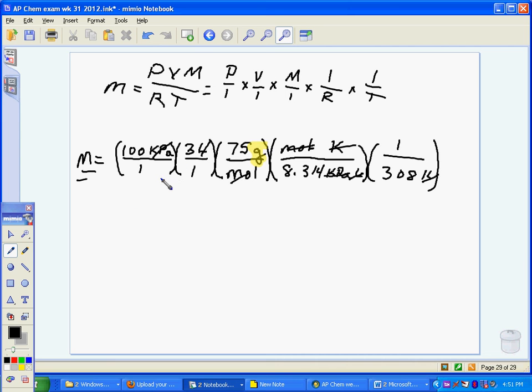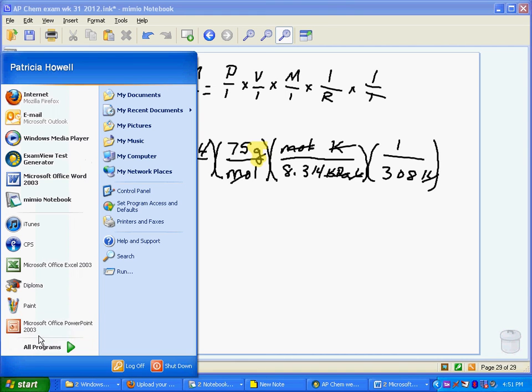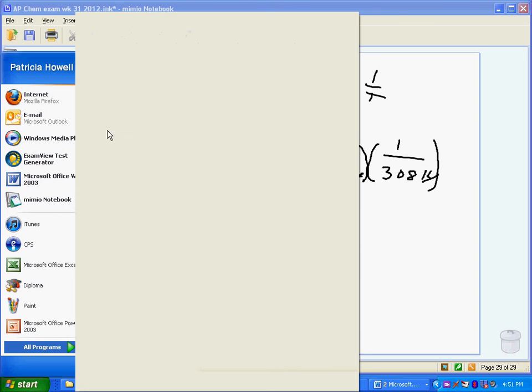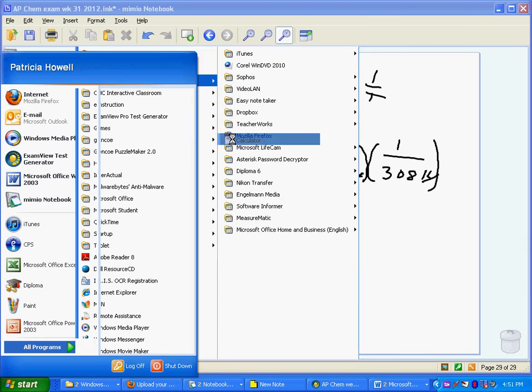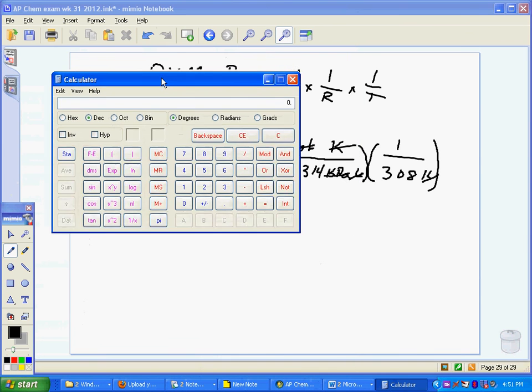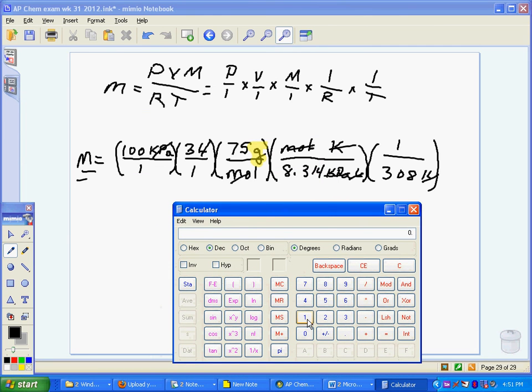So in my calculator, I'm going to just type in my numbers here. 100 times 3 times 75 equals, and then I'm going to divide it by 8.314, and then I'm going to divide it by 308.